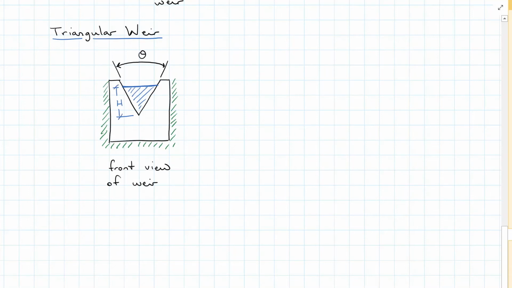So our flow equation turns into 8/15 of CD times the square root of 2G times the tangent of theta over 2 H to the 5/2. A little bit more complicated, but we've got a little bit more complicated shape.